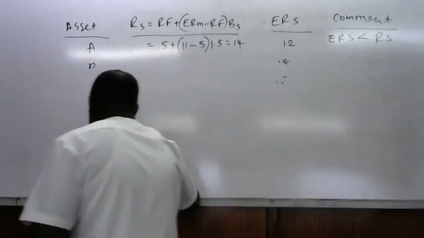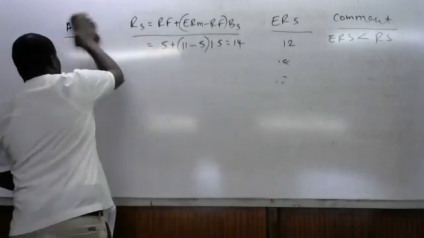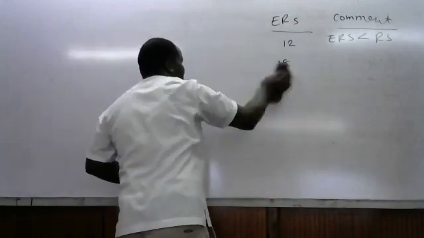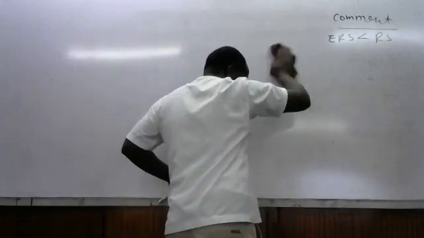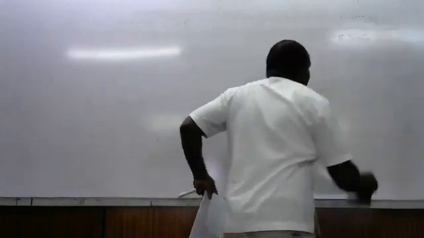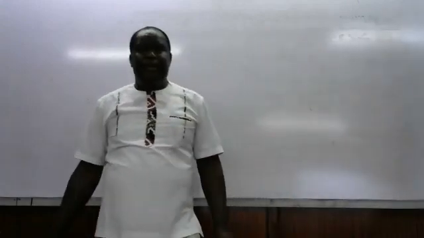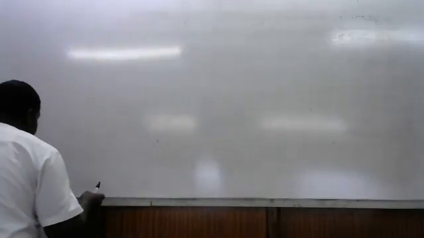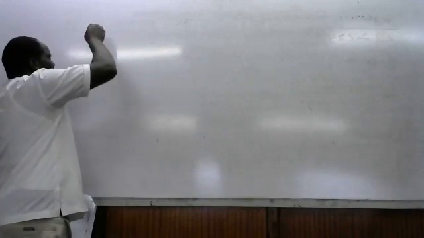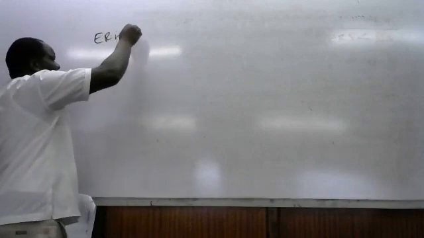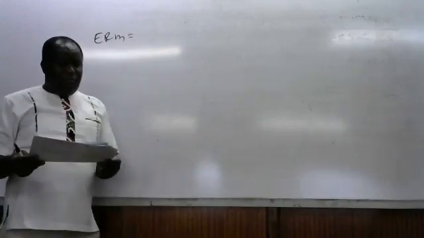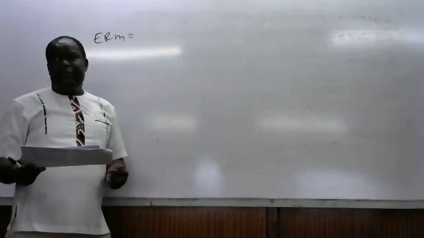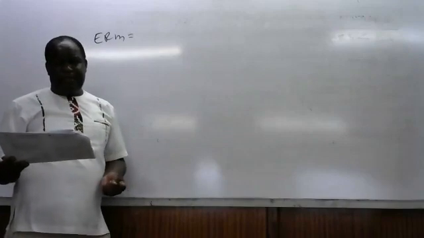We can come up with the expected return of the market. Because it has not been given, you are to calculate it. You can see down there the forecasted return for the market. Are you able to see the forecasted return for the market down there?